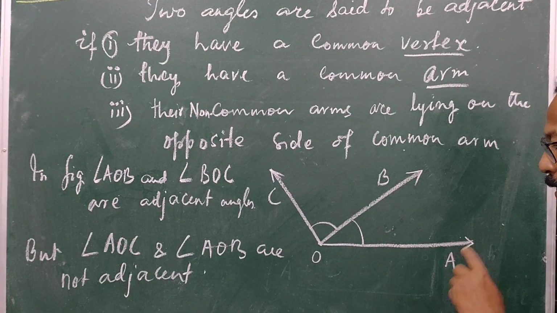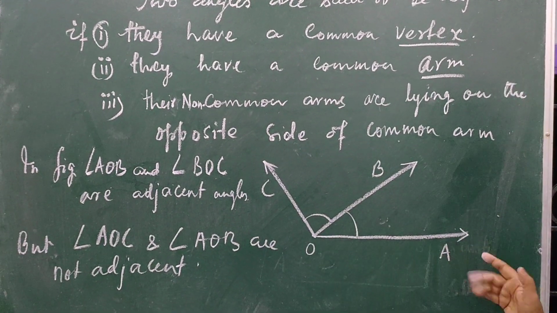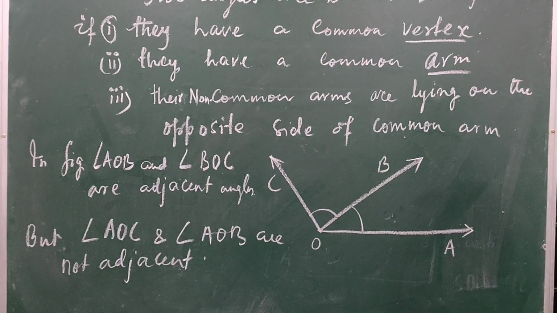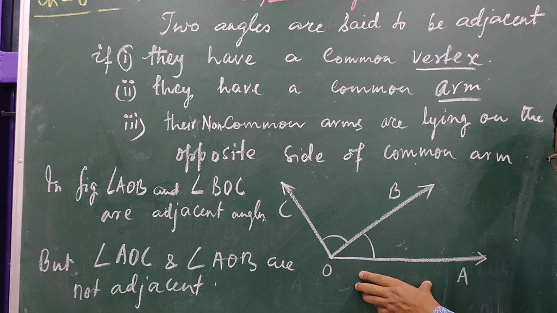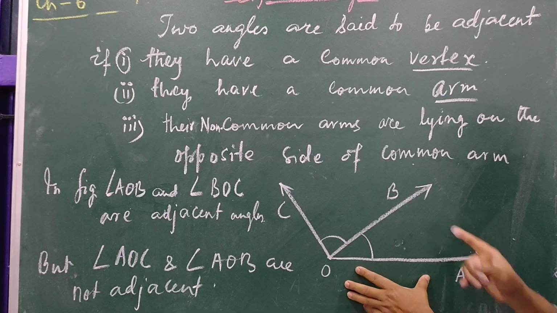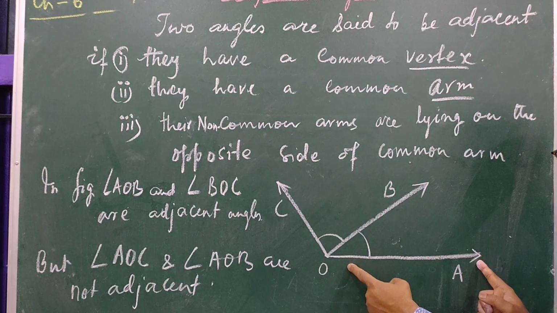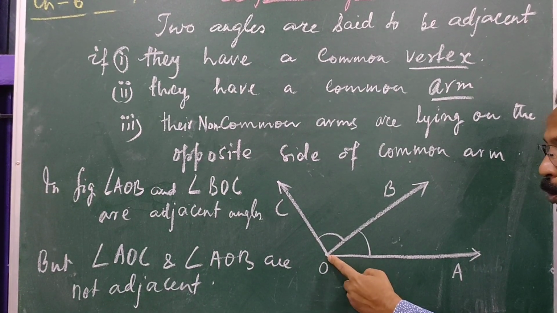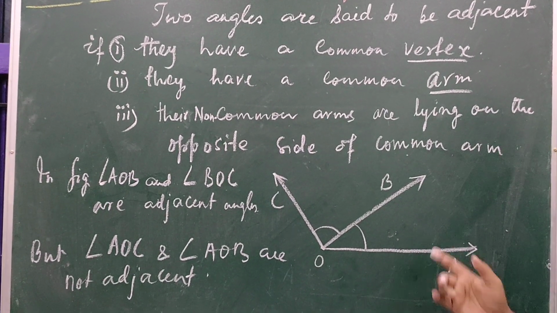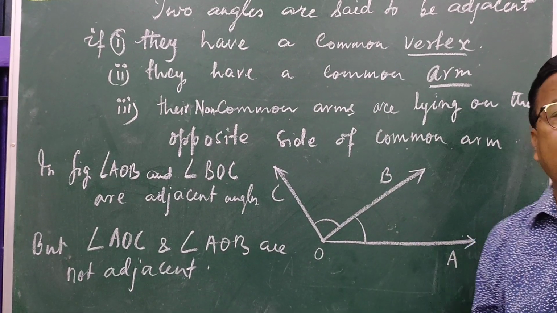But here, angle AOC and angle BOA also have a common arm, which is OA, and a common vertex O, but these two angles are lying on the same side of the common arm. This whole angle and this one angle lie on the same side of the common arm.